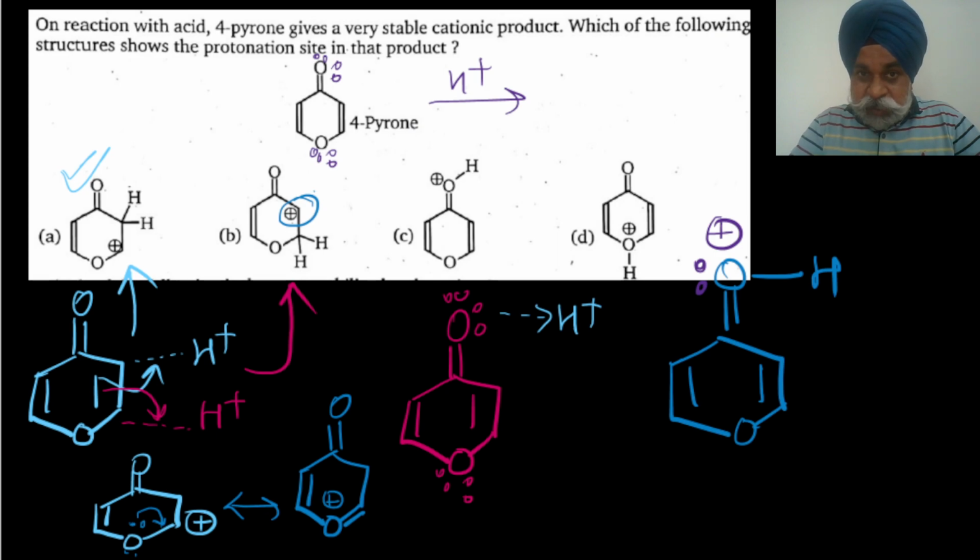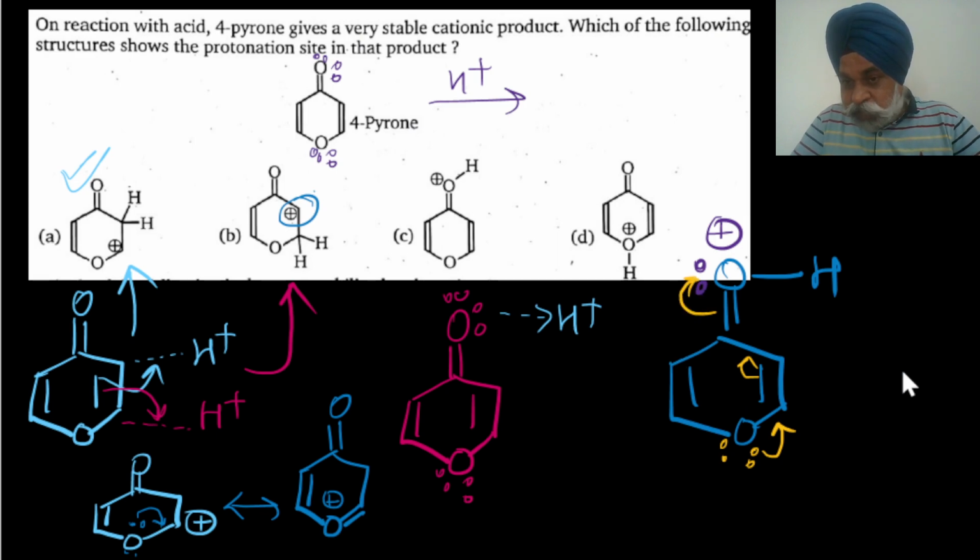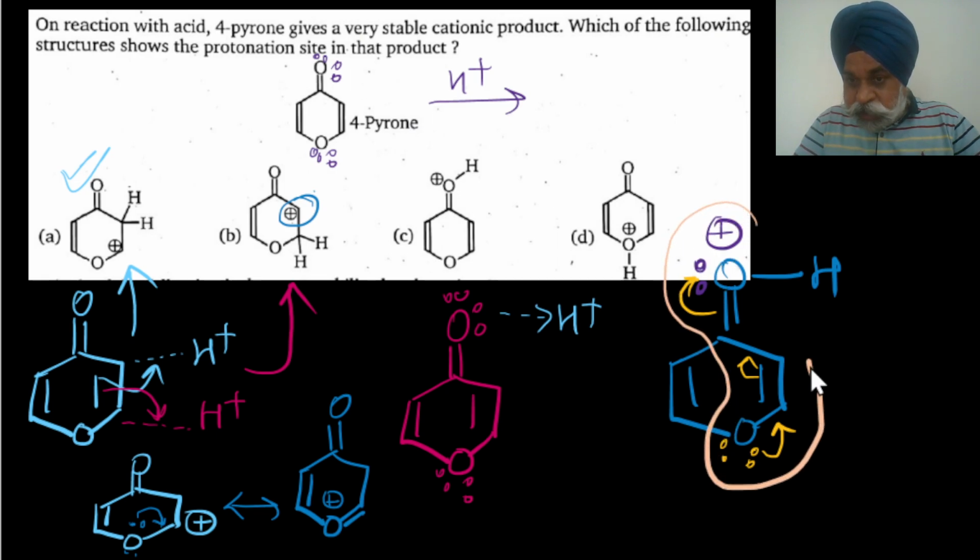Now the very interesting point here is that this oxygen also has a lone pair, and this is in conjugation. Just see it with me. This goes here, this goes here, and this goes here. Wow. So this in a way shows a resonance in a loop. This resonance is happening to a greater extent, the resonance is in the loop, which would provide it a greater stability.